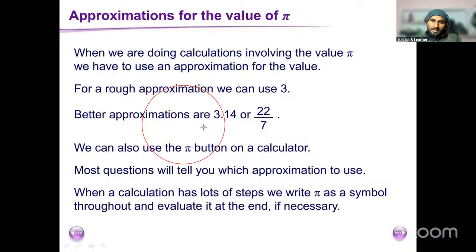For example, this is a thread. The length of the thread used for making this circle is called circumference. The length of the thread used to form this circle is called circumference.